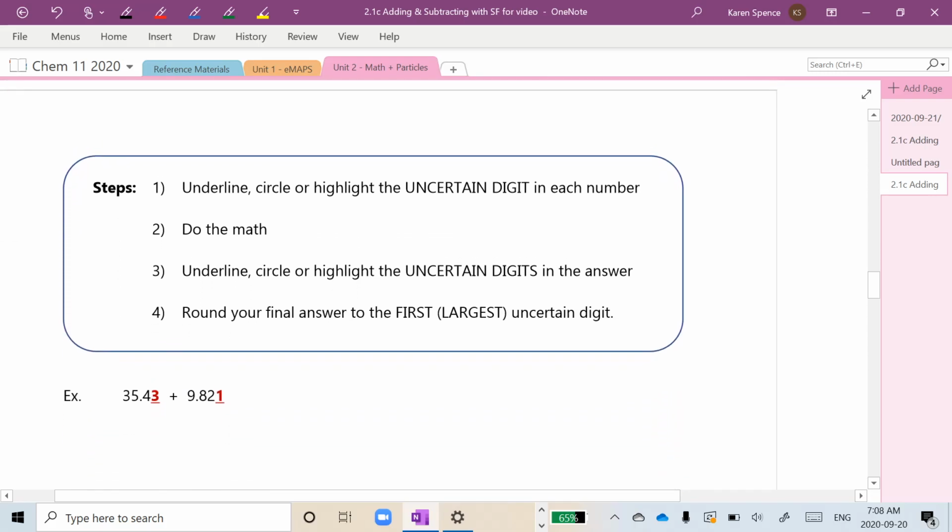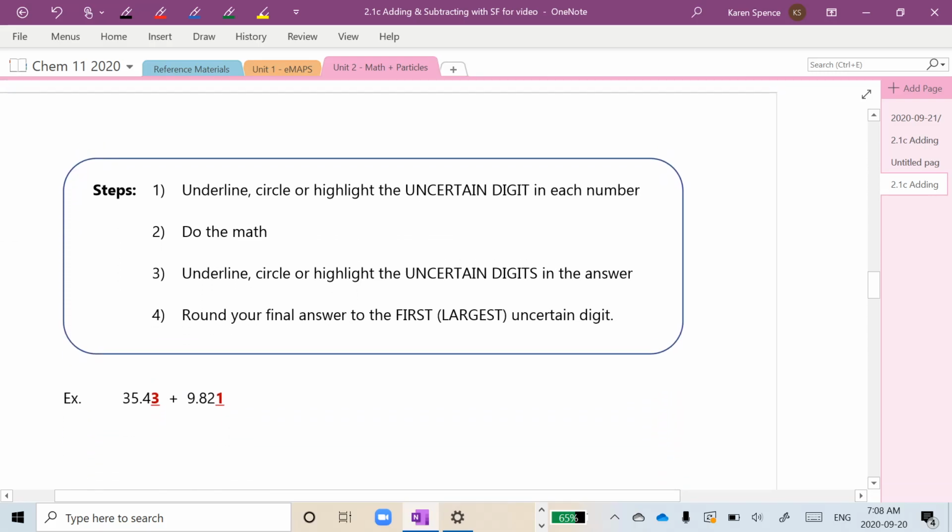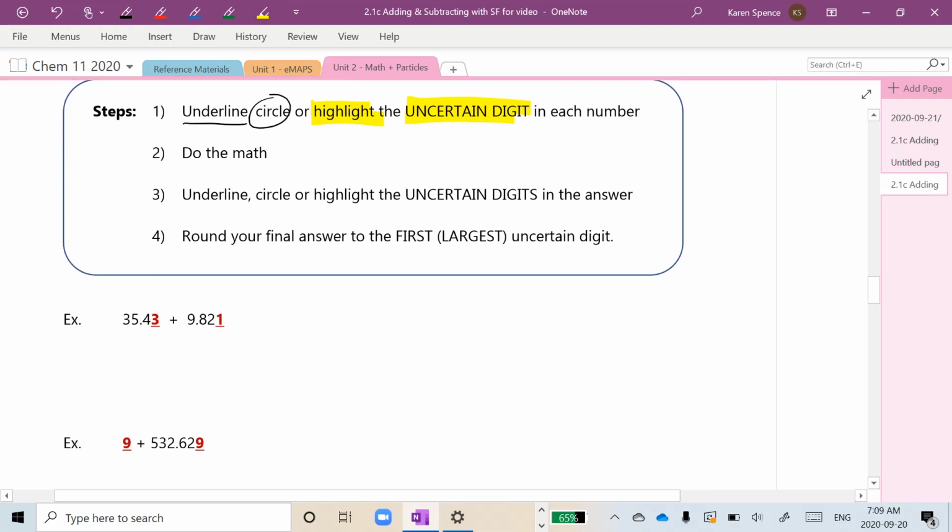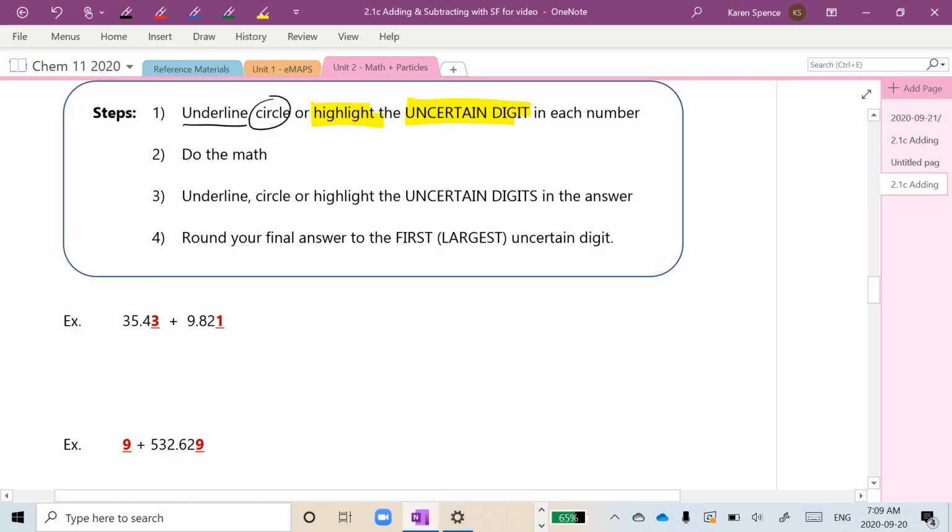So if you don't want to do it vertically, you're just going to follow the following steps. You're going to either underline, circle, or highlight the uncertain digit in each number. You're going to do the math. You can do it in your head or on a calculator, doesn't matter to me. And then you are going to circle or highlight the uncertain digits in the answer.